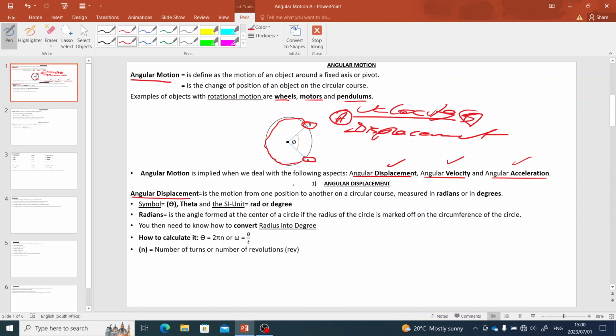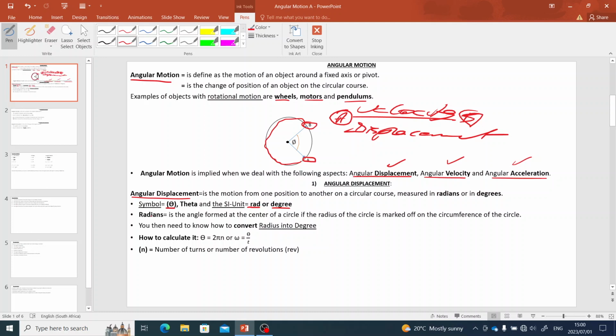It's a motion that takes place on the circular course, changing position from point A to point B. Angular gives you the picture that motion took place on the circular course. Angular displacement is denoted as theta, and its unit is radians or degrees.